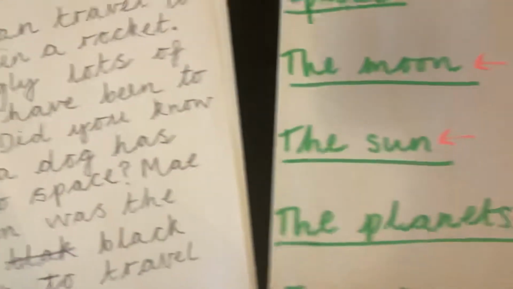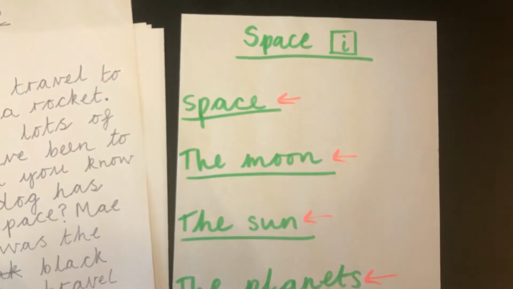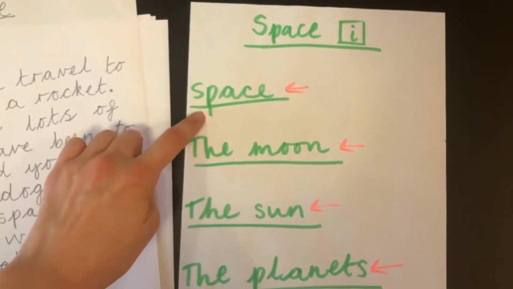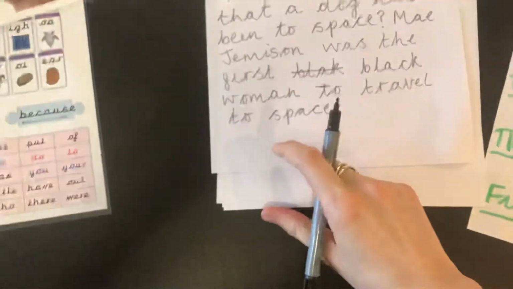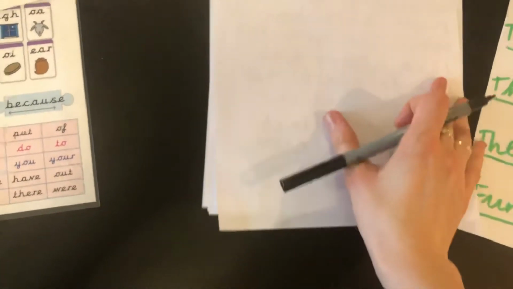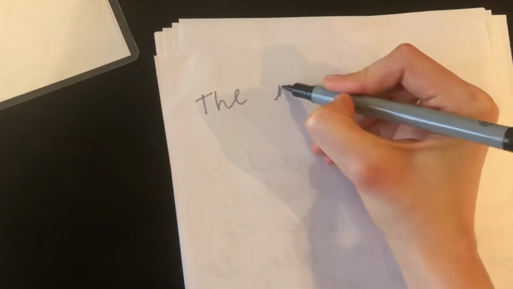Now I'm going to go back over here and I'm going to choose another subheading. So I've written the title, I've written about space. I think I want to write about the moon. So I'm going to try and remember what the moon was about. I don't really have enough space here, so I'm going to just flip my sheet over and write my next subheading, which is the moon.